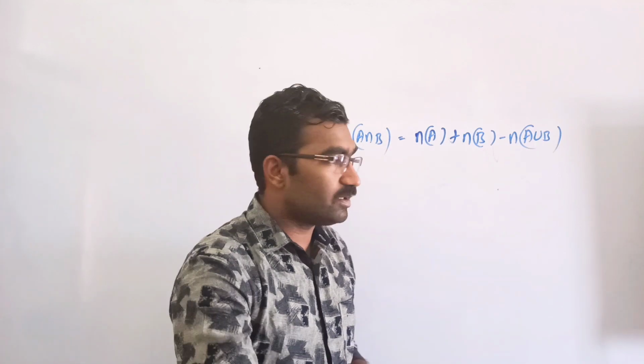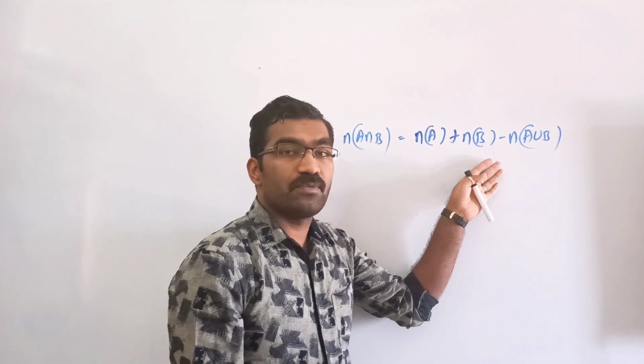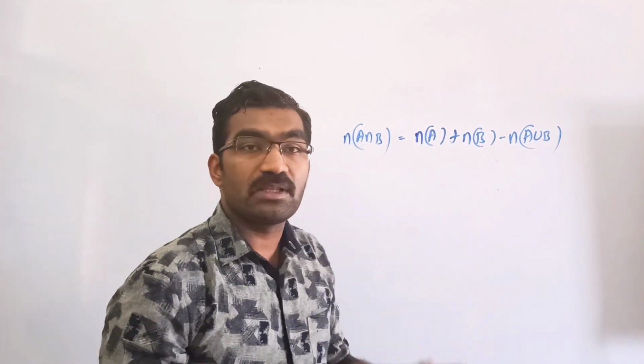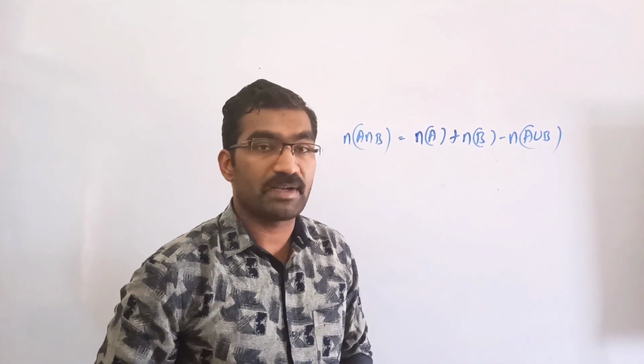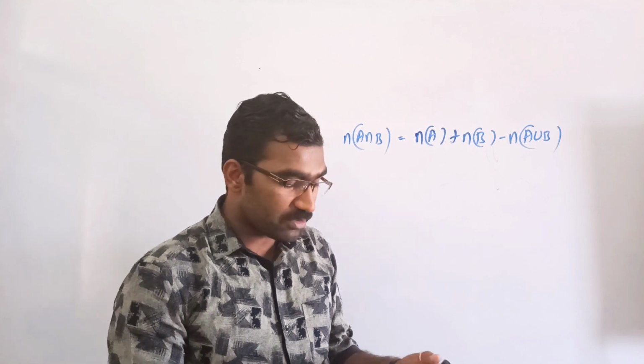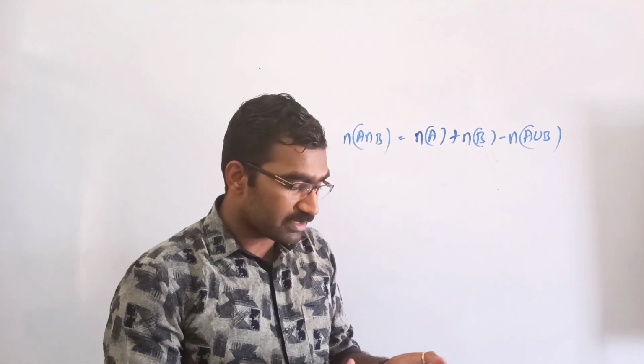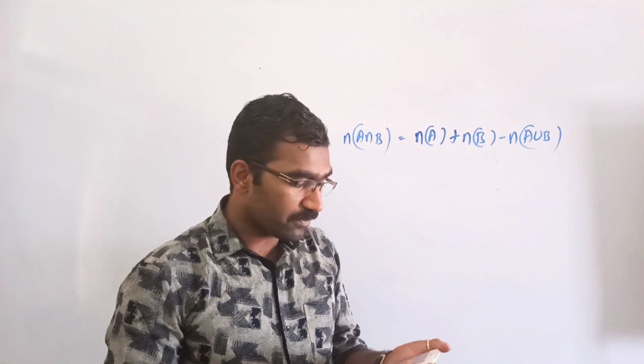Better not to go for this formula, but to solve the examples using the Venn diagram. If you see the previous year question papers, they have asked some questions based on this, that is what we are going to discuss now.